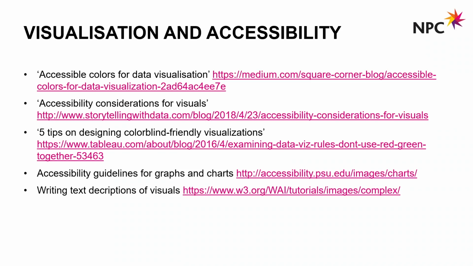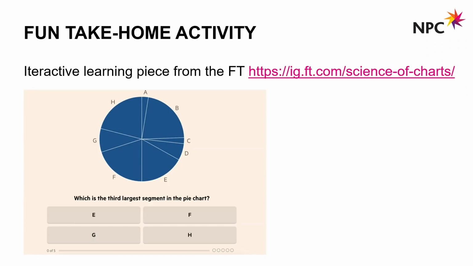And again, some more tools on visualization and accessibility. And this was the Financial Times fun take-home activity. It's a way of making people think through how they read charts and how certain visual aspects can be quite misleading or confuse people.